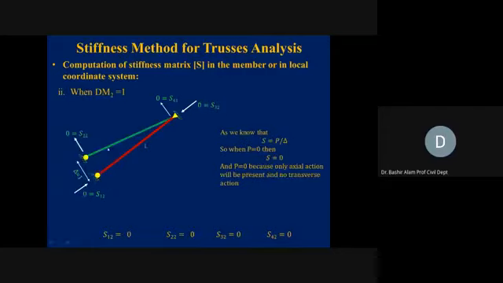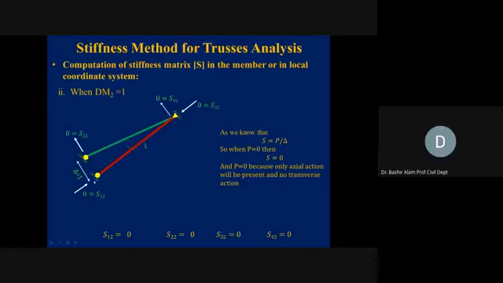Second, along DM2, we give delta equal to 1, which is shown here. Now the weight of this element is equal to 0, and it's a pin here. So take the example of a weightless material in which you want to give a rotation. It means in this direction the force required will be equal to 0. Why? Because the weight of this we already assume is equal to 0.